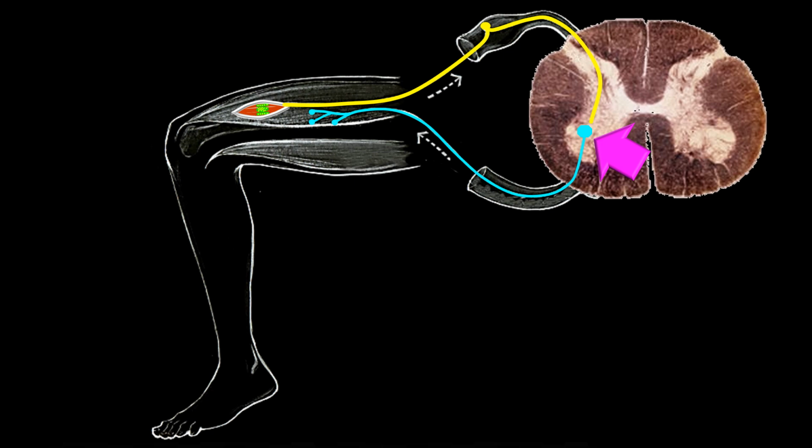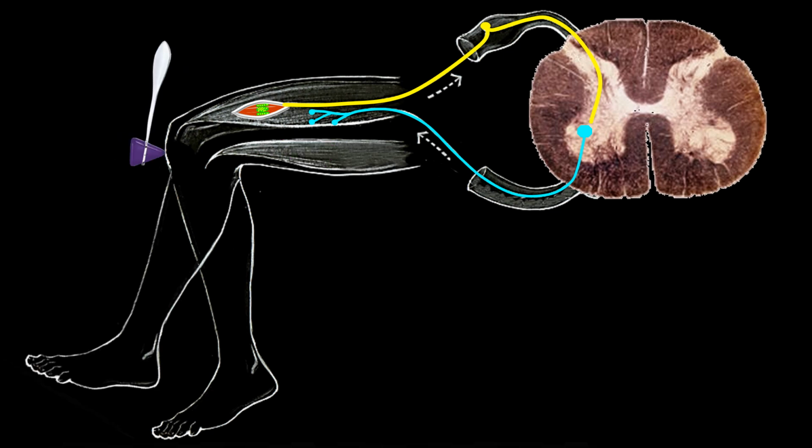At the anterior horn, they synapse with lower motor neurons supplying the quadriceps fibers. A tap to the patella tendon is followed with a minimal delay by leg extension.